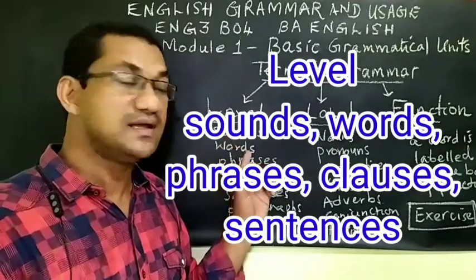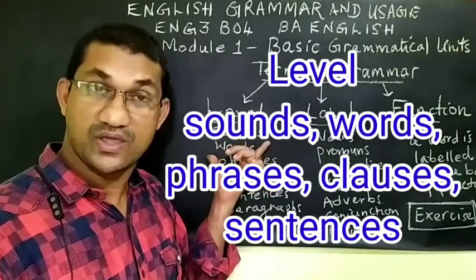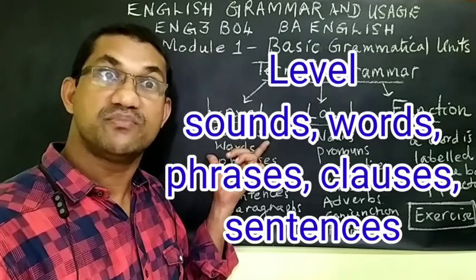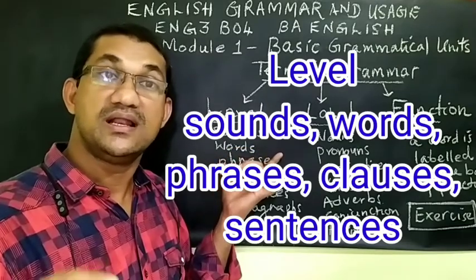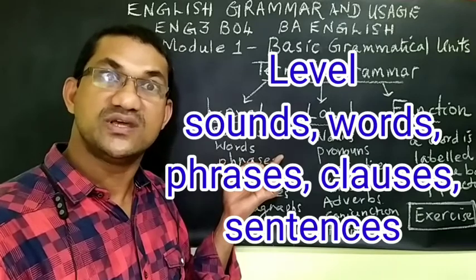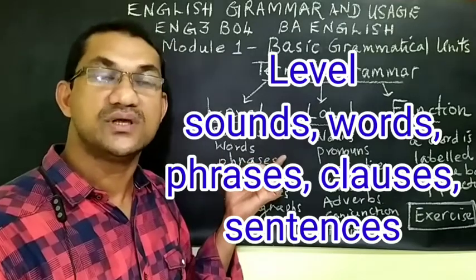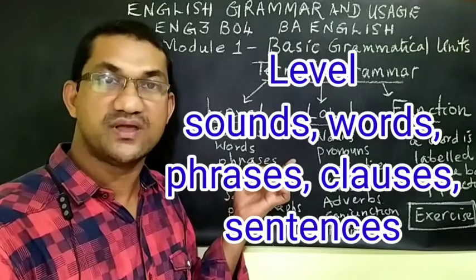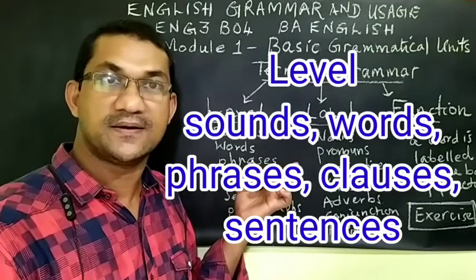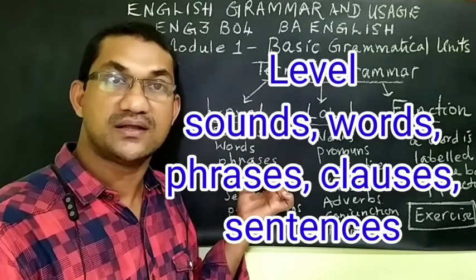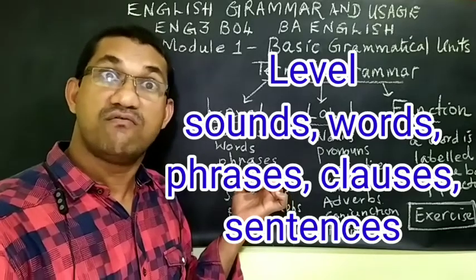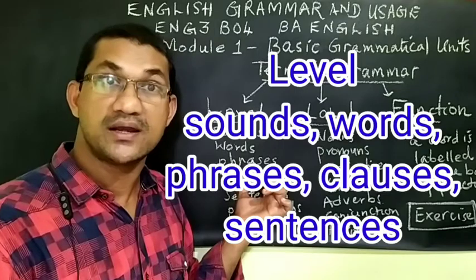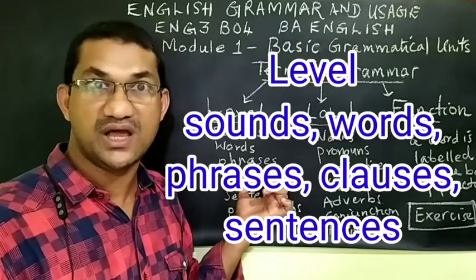Level one is sounds. Every language is made of sounds, and we have the letters of the alphabet. Letters of the alphabet are sounds. Besides, in English we have other sounds like the 20 vowels and the 24 consonants, so we can say that in English we have 44 sounds and 26 letters of the alphabet.